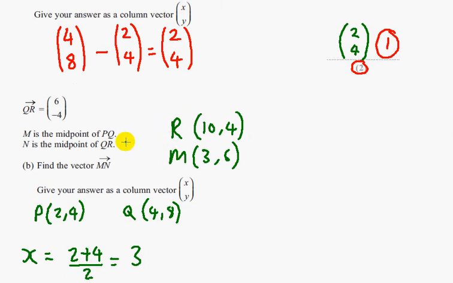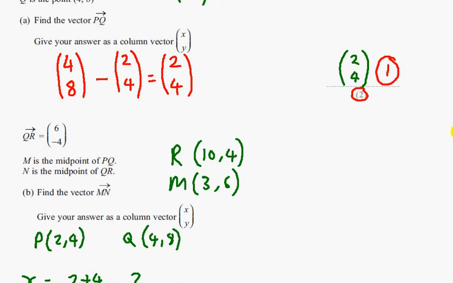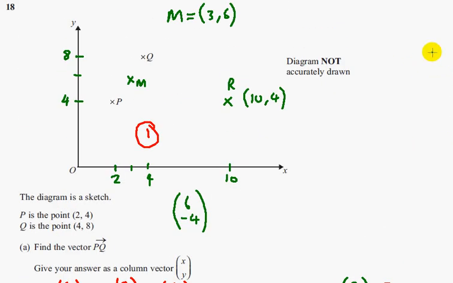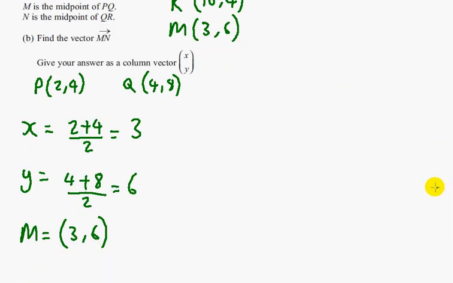Now N is the midpoint of Q and R, which is here. We're going to use that formula again and find averages. R we worked out to be (10, 4).